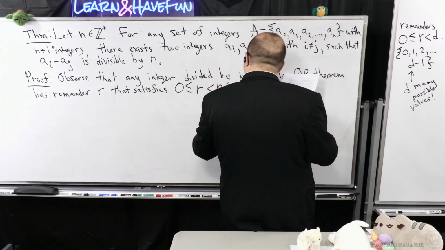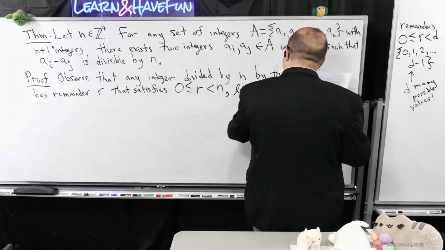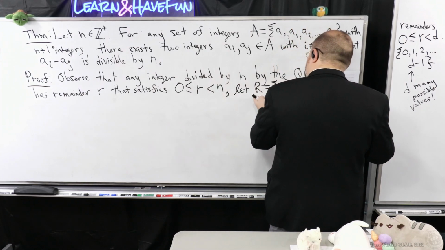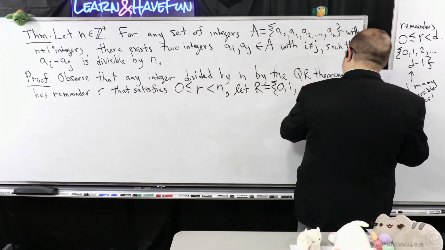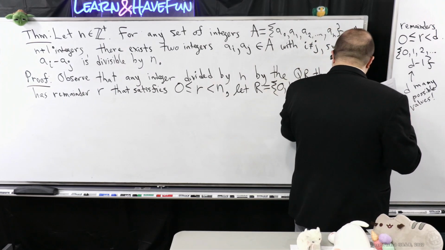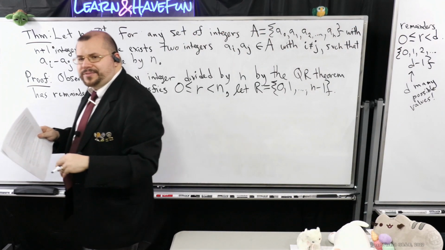Let's put a comma there. We're going to let this be a set. We're going to call it R, a capital R here. It's the numbers 0 all the way up to n-1, akin to what I wrote over here. So that's a finite set, right?